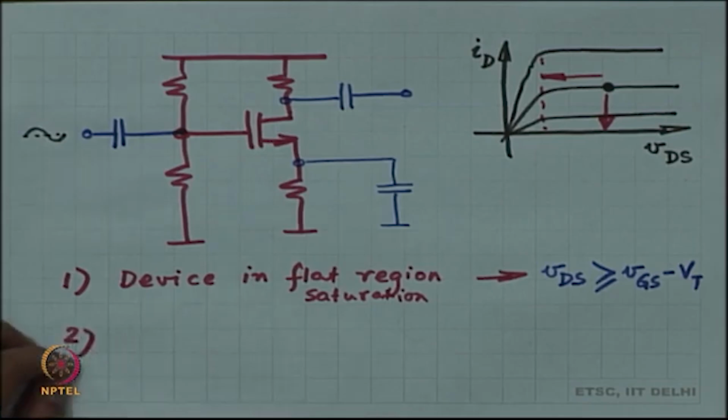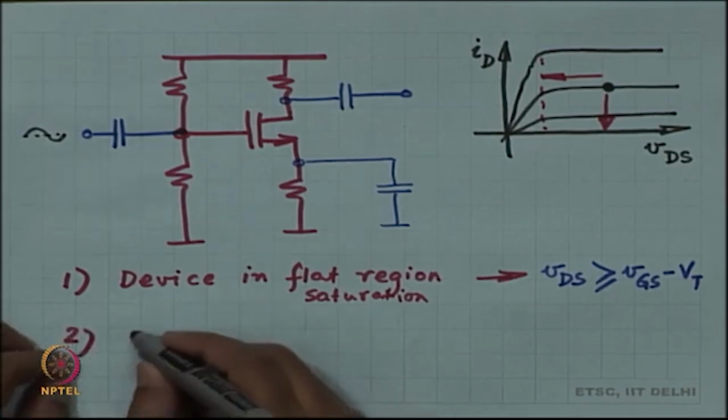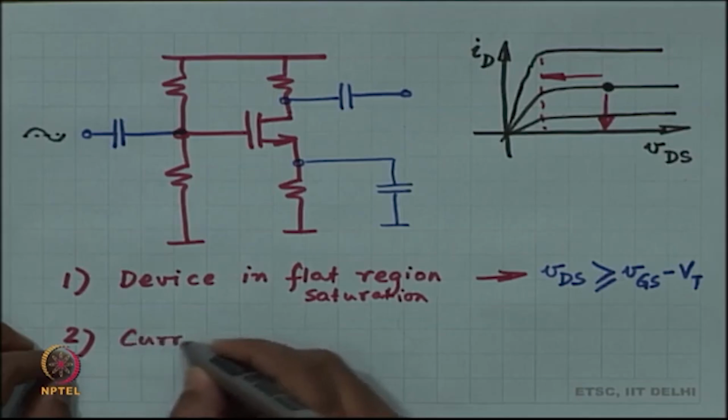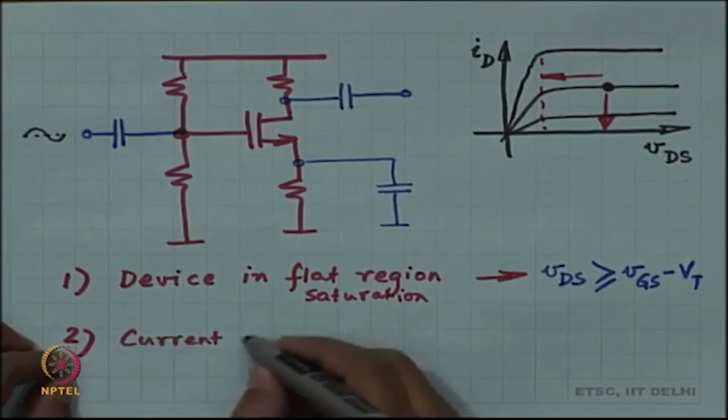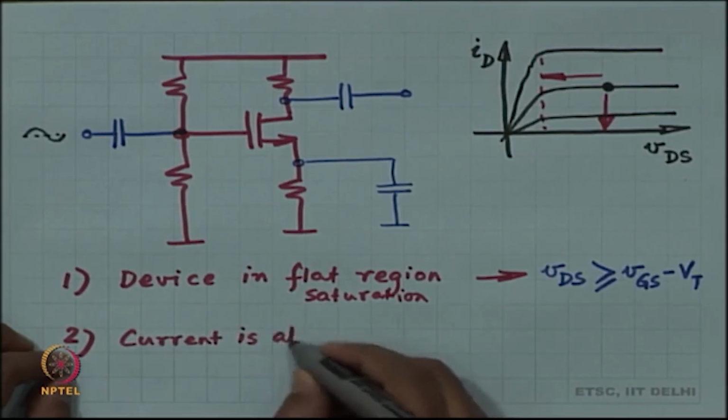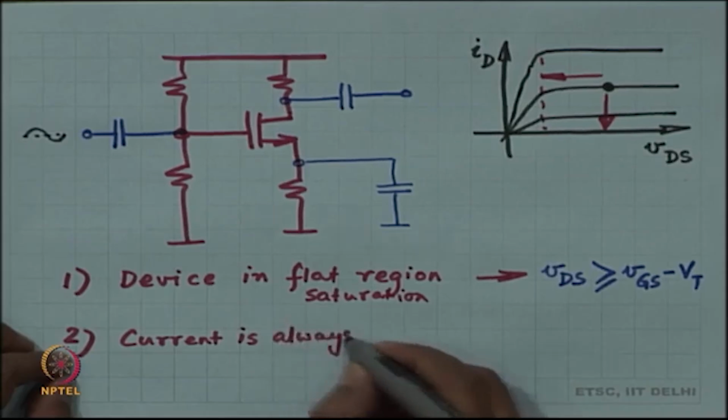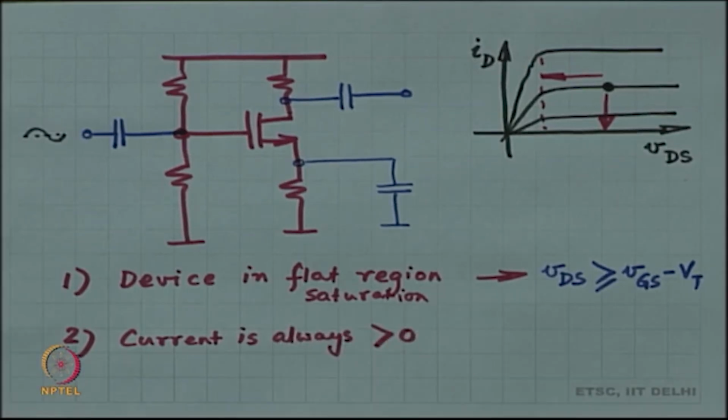And number 2, what else do you need to make sure? You need to make sure that current is always more than 0, and this has to happen throughout the cycle, right.